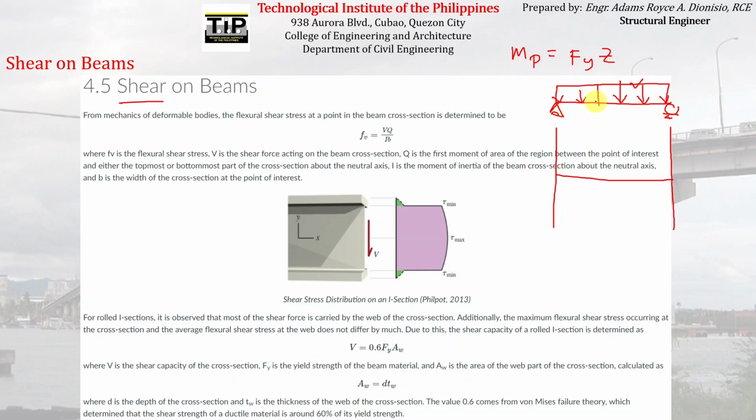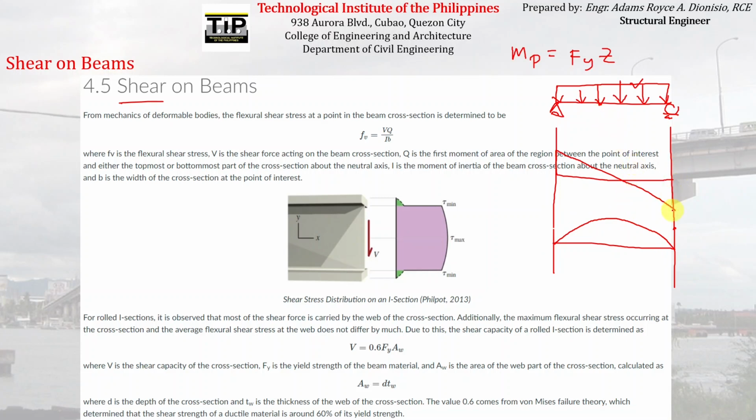The variation of shear forces along the length of the beam will look something like this. Okay, and then the corresponding bending moment that will be experienced by the beam looks something like this. So these are what you call the shear and moment diagrams of the simply supported beam.